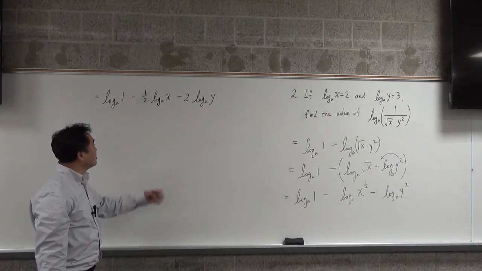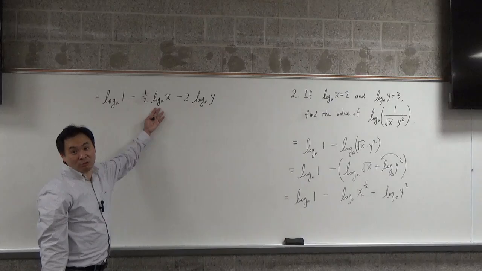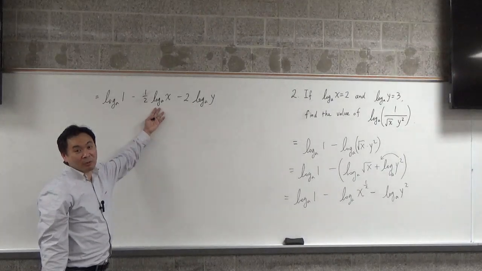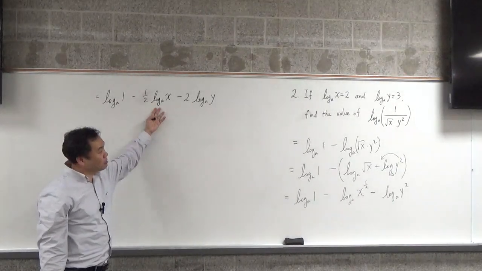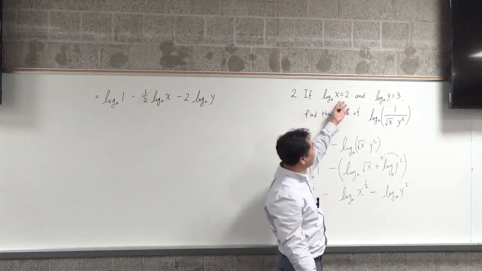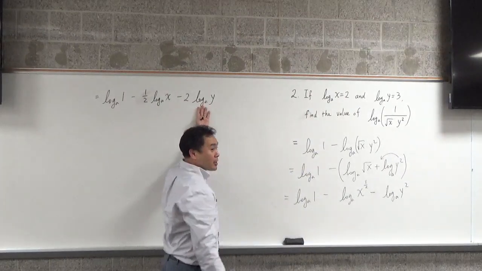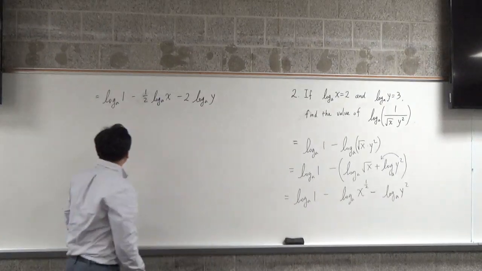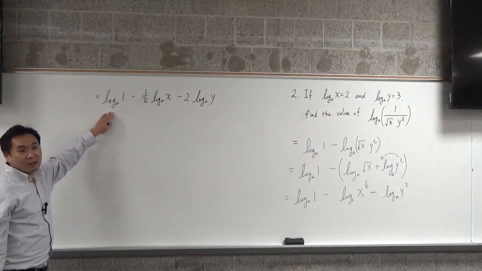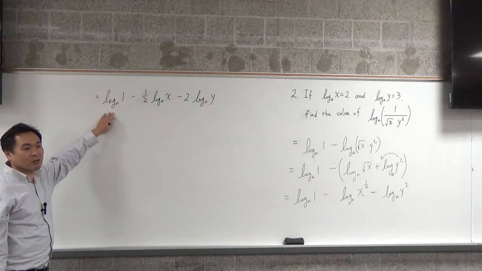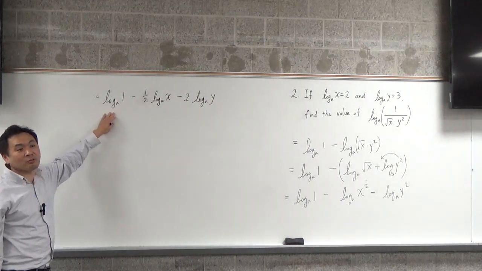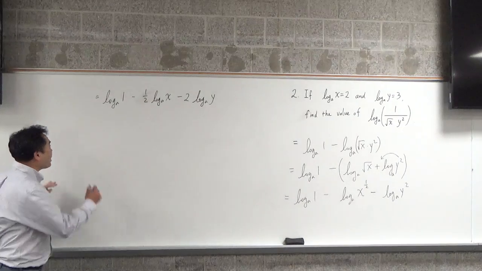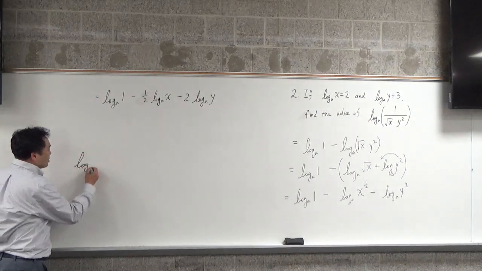Now what do you see? Log a of x. What can I do with this? Replace it by 2, because that's what it says. Log a of x is 2, right? I can replace this by 3, because that's what it says. But what about this one? Log a of 1. That's 0. So that was one of the rules that I said. Why is log a of 1 0?